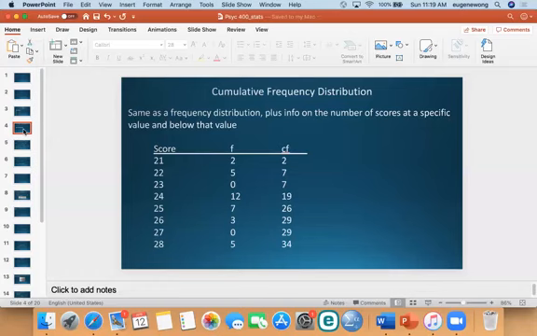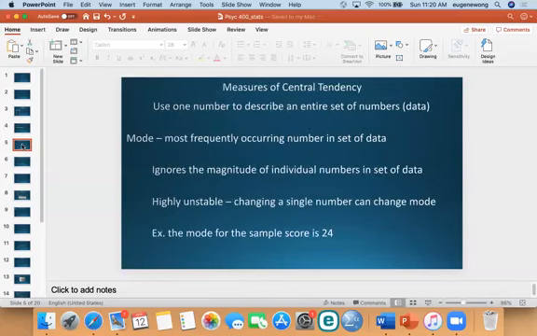It, along with the frequency distribution, represents how we can use tables to summarize a set of data. Now sometimes we don't want to use tables to summarize a set of data. We want to instead use one number to describe an entire set of numbers or data.